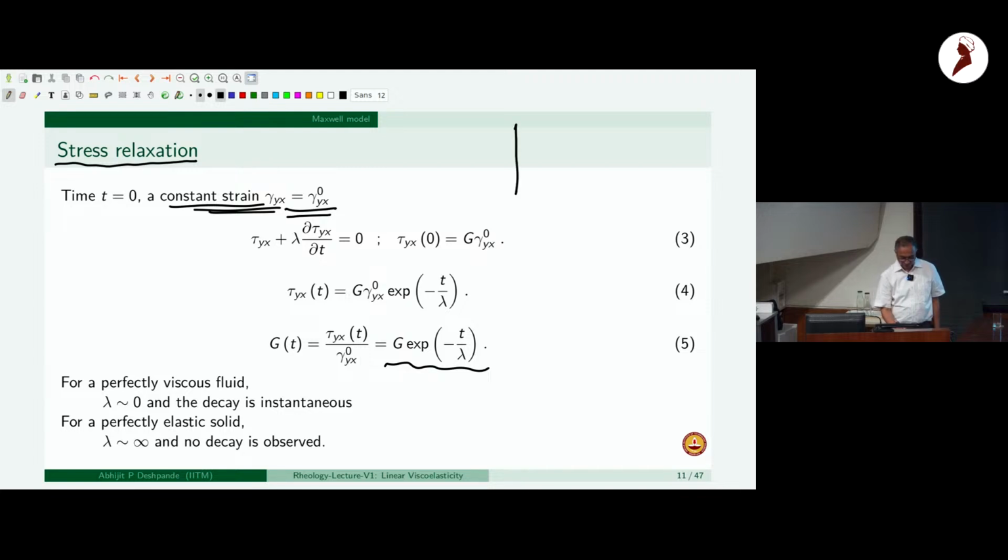So you have the stress as a function of time. For a solid, it will remain constant, and for a fluid, it will decay instantaneously. But for a viscoelastic Maxwell fluid, it's a decay, and the decay is defined by the relaxation time lambda.